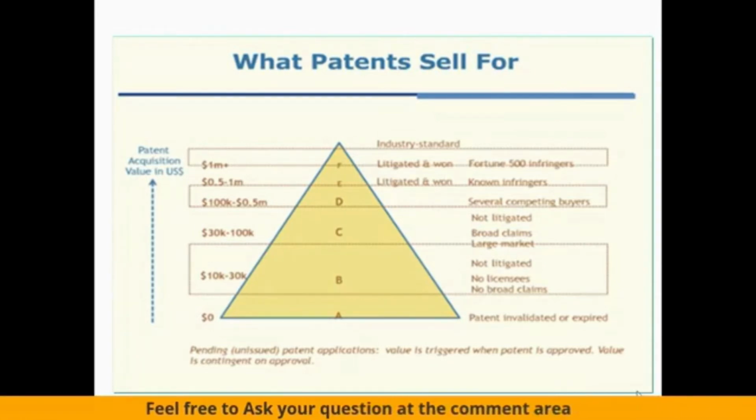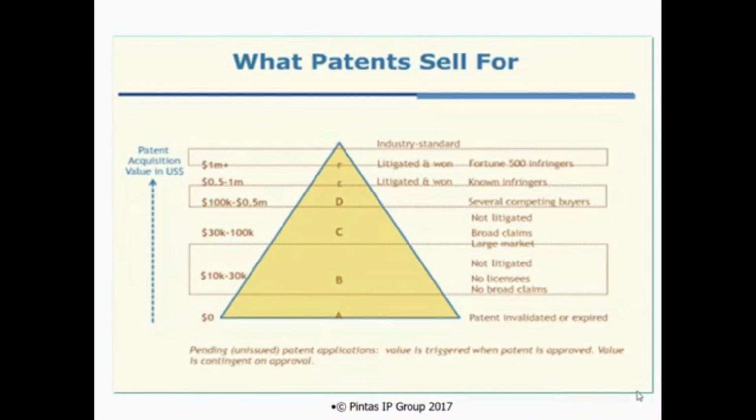But if your patent reaches level D, where competitors are already selling something similar to your class, meaning there are a lot of users of your technology, then the value goes up to between 100,000 and 500,000.